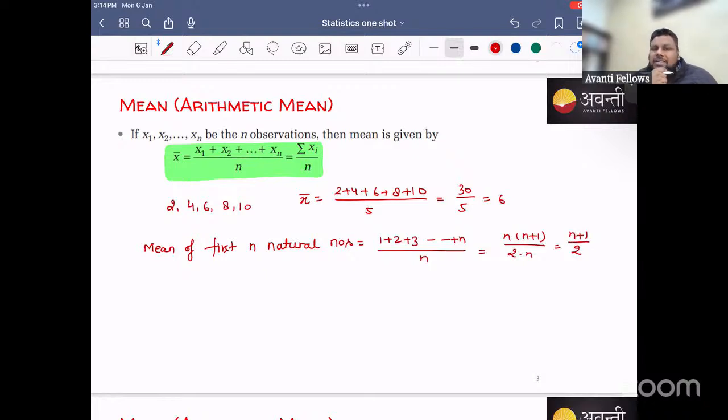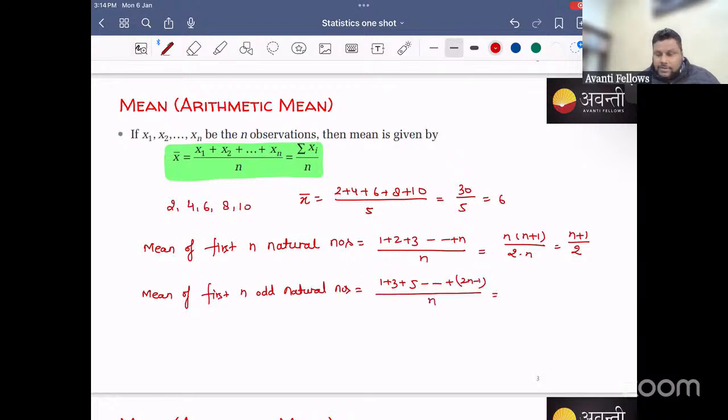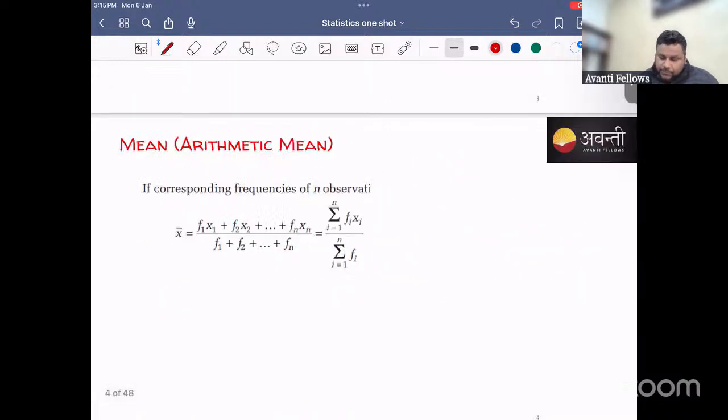And the mean of the first n odd natural numbers is 1 plus 3 plus 5 up to 2n minus 1, whole divided by n. This is n square upon n, and the answer is n. So this is also a good result: the mean of the first n odd natural numbers is n itself. Am I clear?